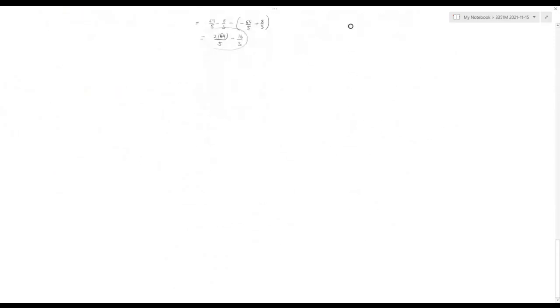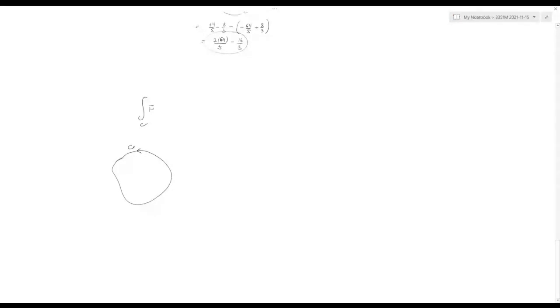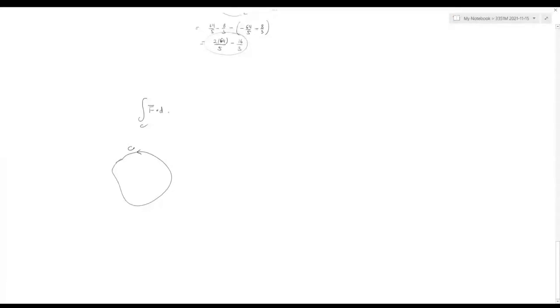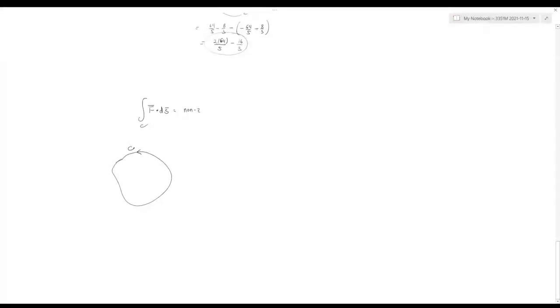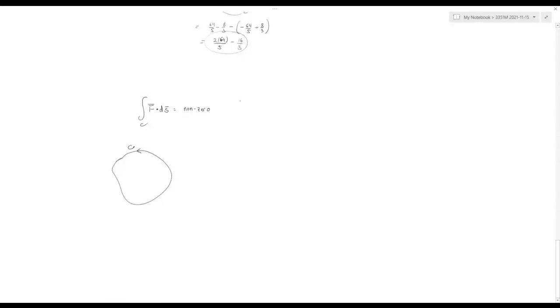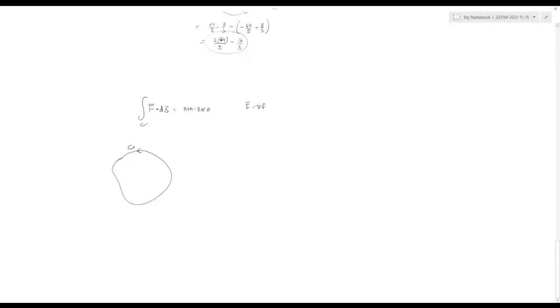However, let's think about this. If you have a work integral over a closed path of a vector field, and you get something that's non-zero, then is it possible that F is the result of finding the gradient of some real valued function?